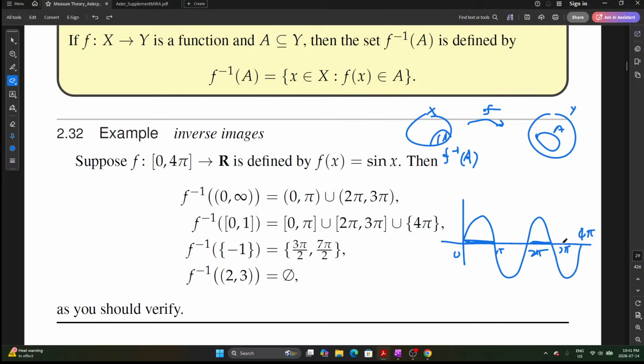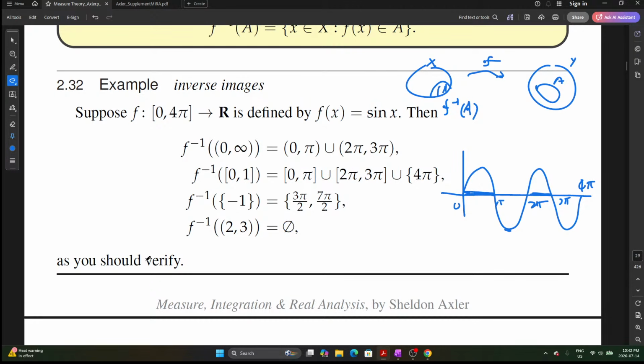And lastly, you have 4 pi. And f inverse of minus 1, just a singleton, contains 3 pi over 2 and 7 pi over 2. And lastly, the inverse image of 2 to 3. That's impossible because sine cannot be greater than 2. So that's just the empty set, as you should verify.